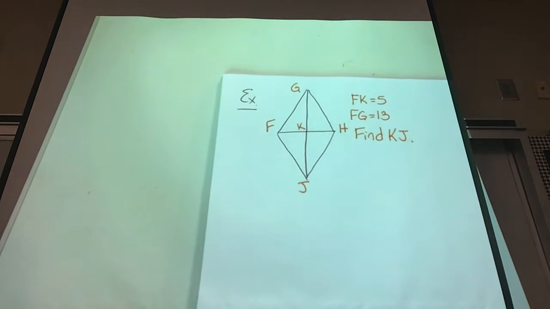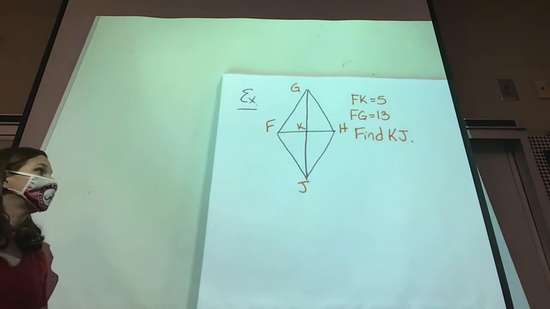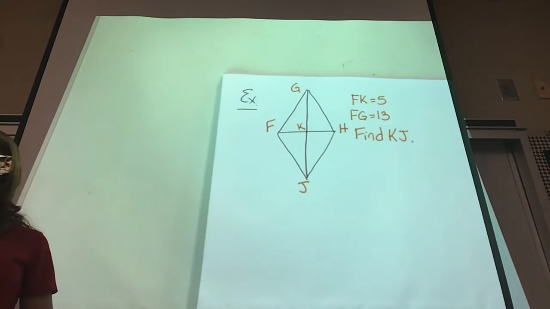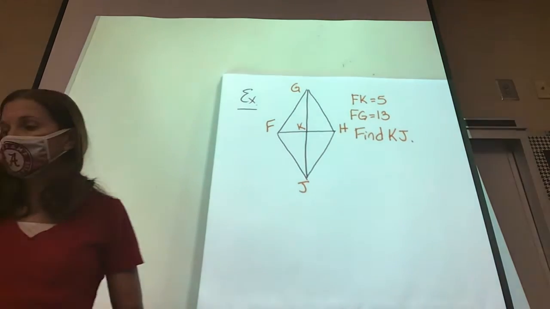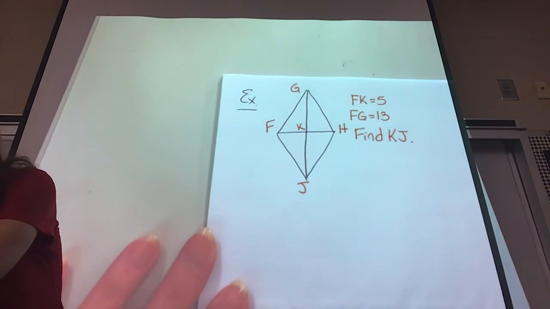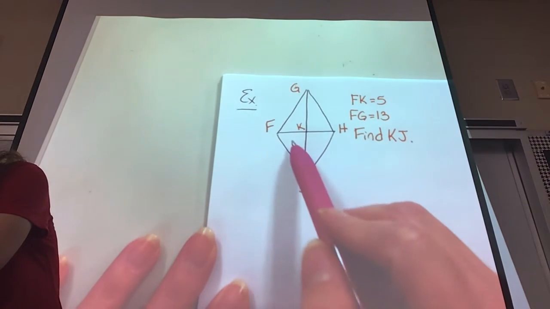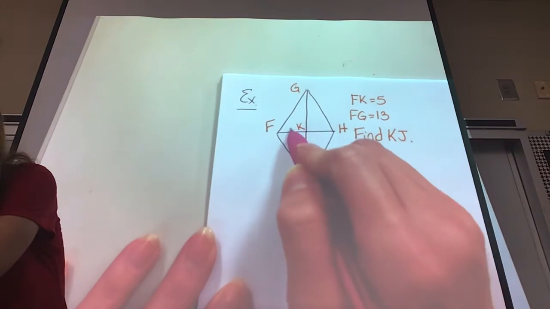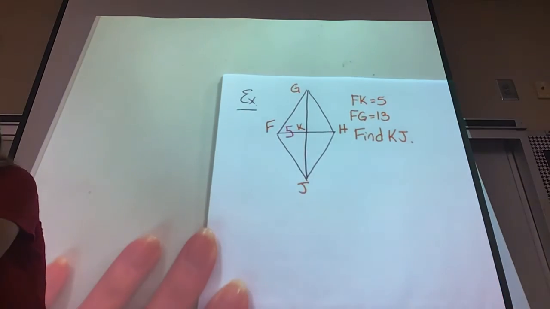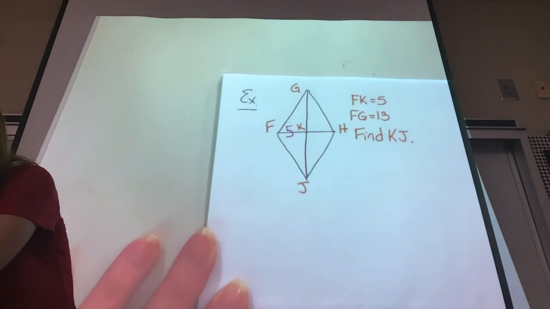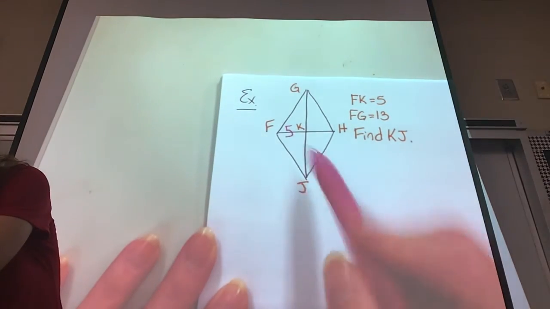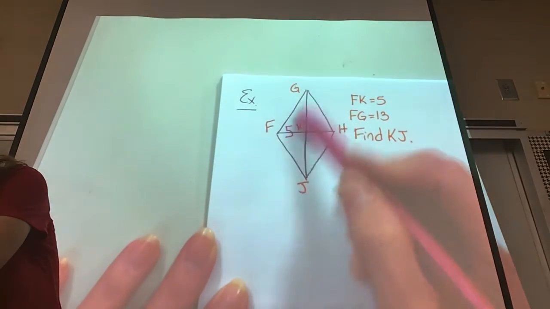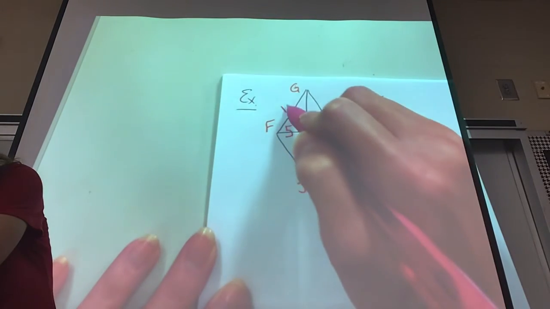So if this is all the information that I have, I need to be able to use this to solve. I know that FK, from here to here, is 5. I know that FG, that's this outside piece, is 13.